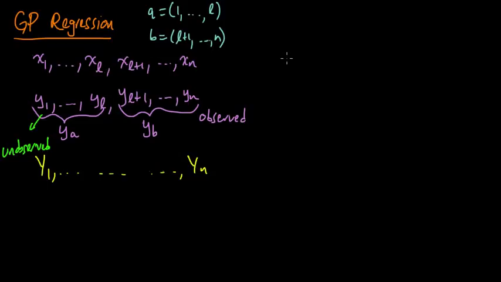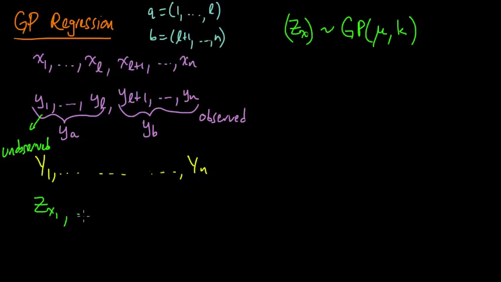Well, we're going to use a Gaussian process to define this. So we are going to take Z, let's say Z of x, to be a Gaussian process, which I'll abbreviate GP, with mean function mu and covariance function k. So it has this positive semi-definite kernel. And then for each x here, we're going to consider the value of this Gaussian process at that x.